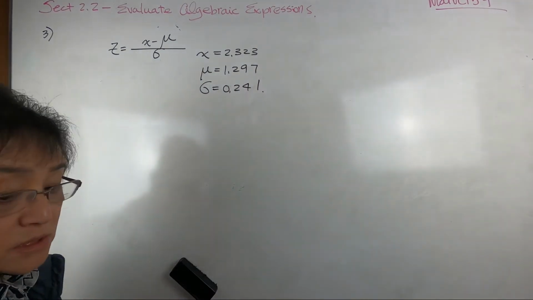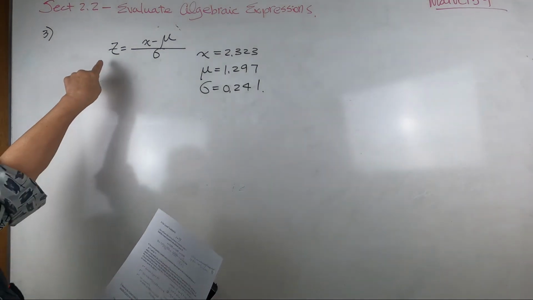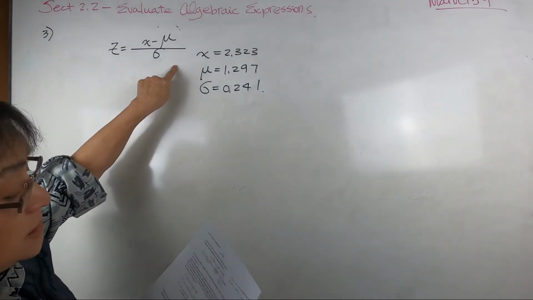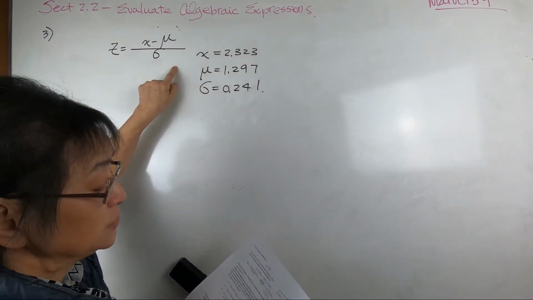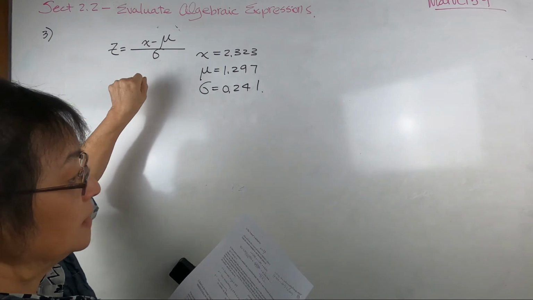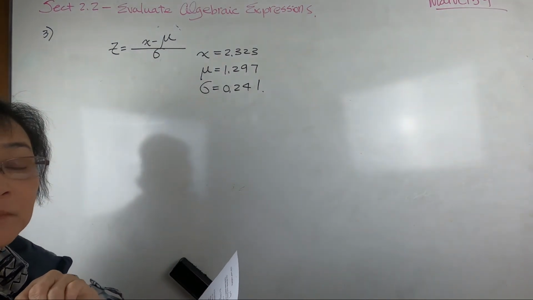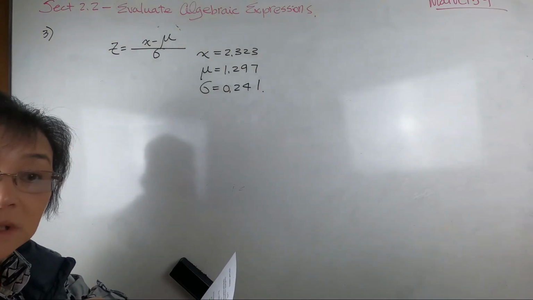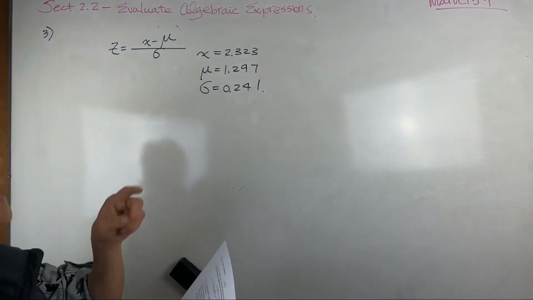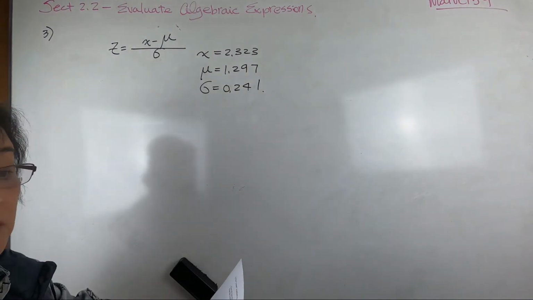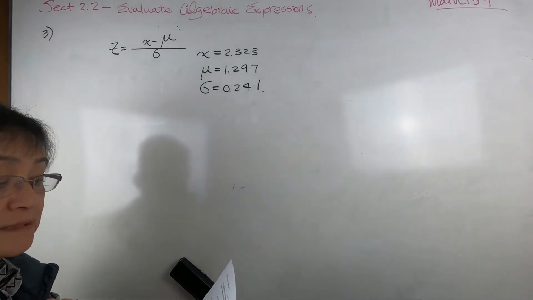That was the question. This formula is called the z-score. You are going to learn why it's this way in your stats class. But for the moment, we are learning the terminologies, names, vocabularies, and some symbols. That's the purpose of this class, to get you ready for the stats class.